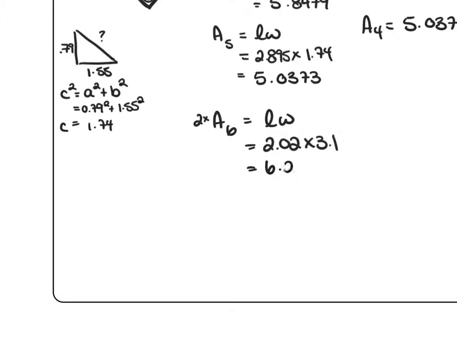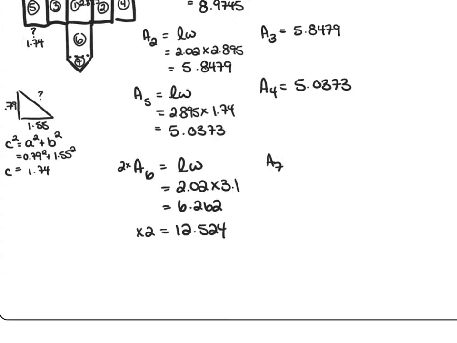Which is 6.262. And we have 2 of those, so I'm going to times it by 2. 12.524. And area 7 is that triangle bit that's right at the top, which is base times height divided by 2.